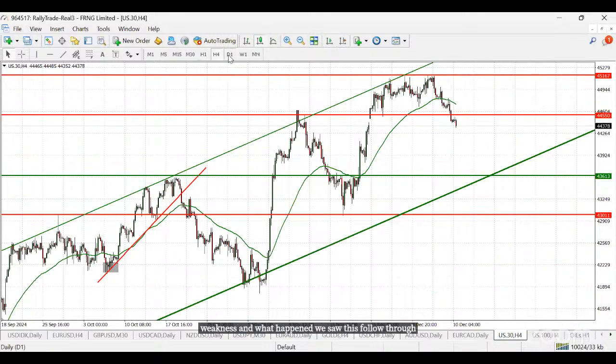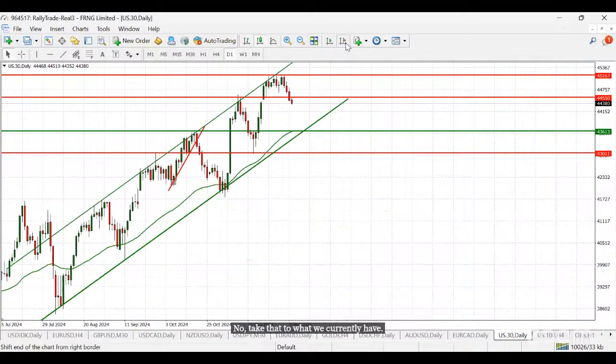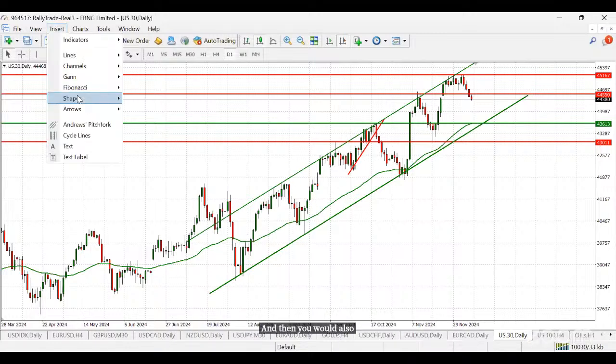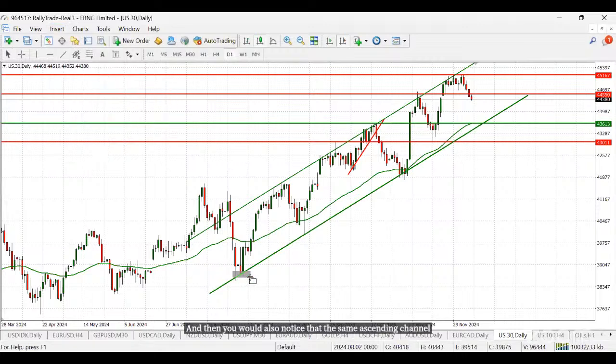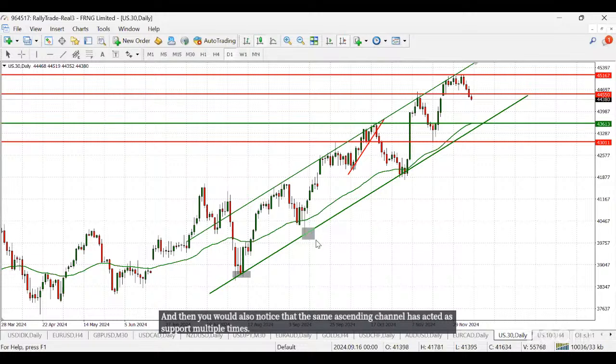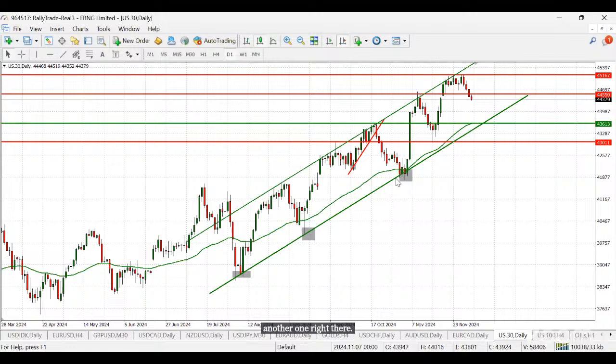Okay. Now, take that to what we currently have. Again, we have also identified this ascending channel right here. And you would also notice that the same ascending channel has acted as support multiple times. One right here, another one right here as well.